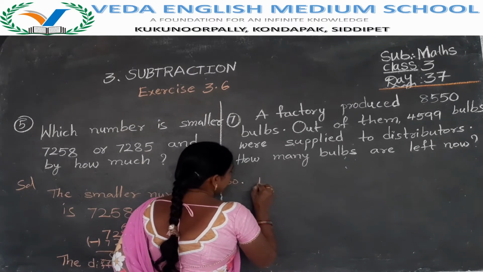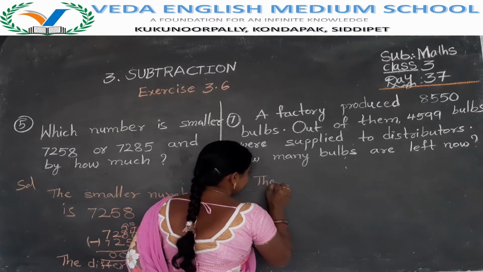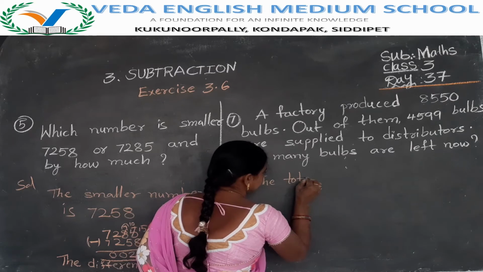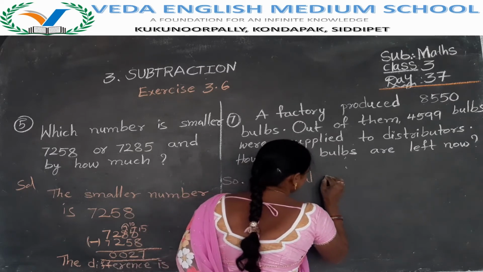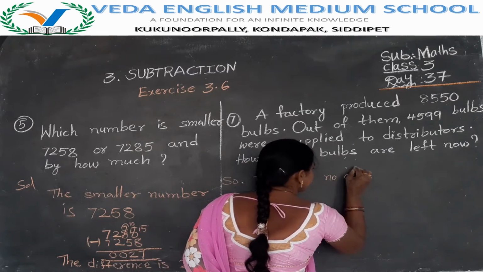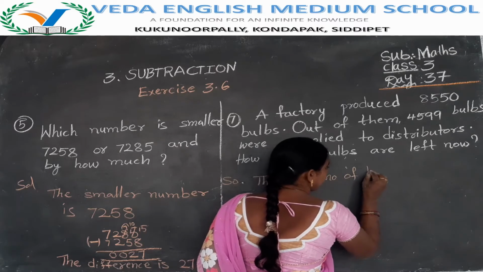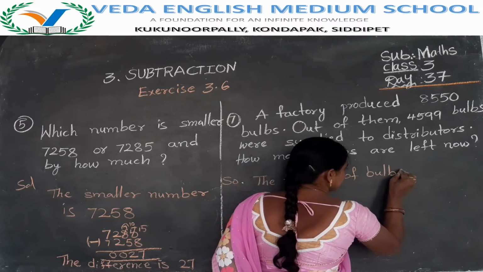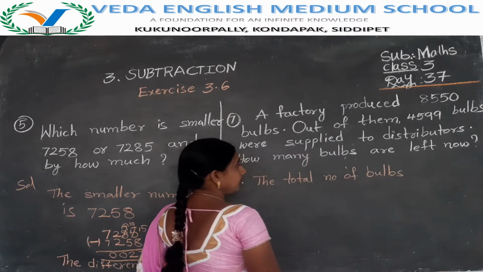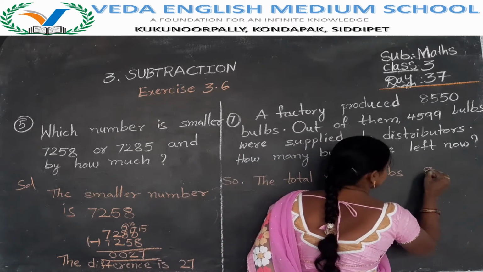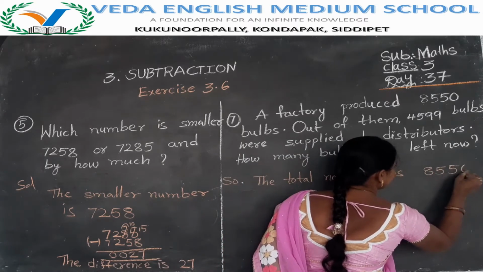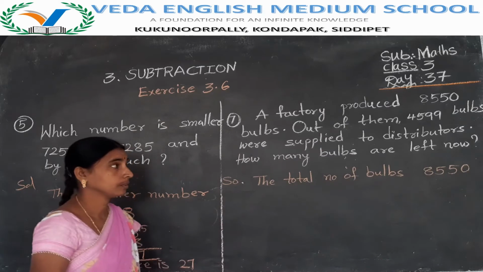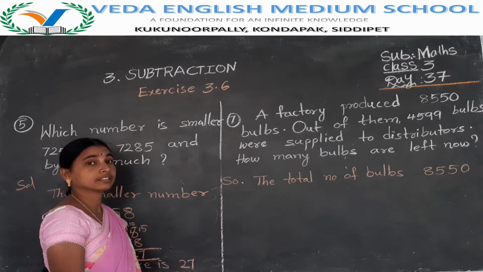The total number of bulbs: how many are there? 8,550. How many bulbs are supplied?